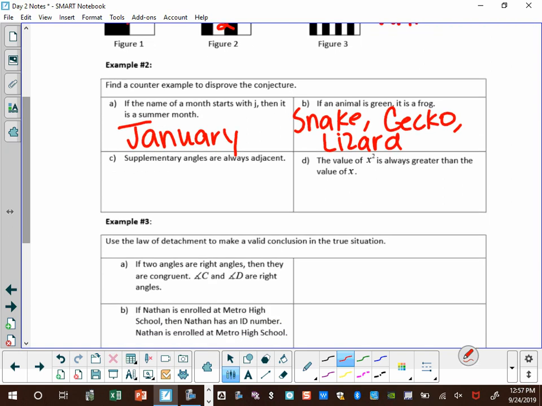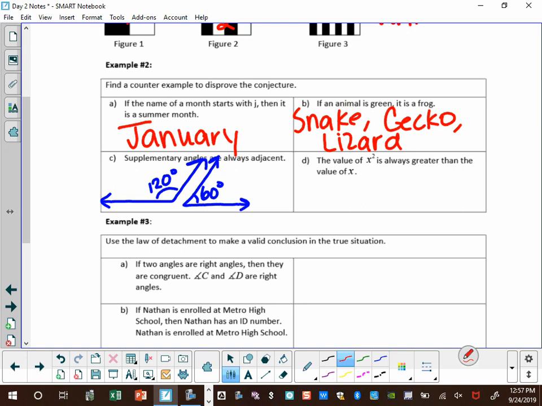Letter C, supplementary angles are always adjacent. Why is that false? If I have a supplementary angle, it's two angles that add up to give me what? 180. So let's say this angle is 120 and this angle is 60. Are they two angles that add up to 180?